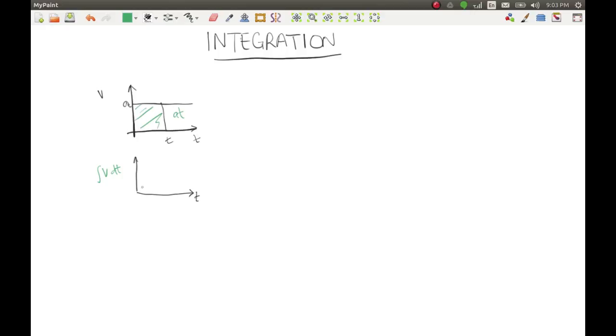So this would be a straight line with a slope of A, which means the derivative at any point is A. So if I take it at the same point t, I would find that the height at this point is actually A times t.